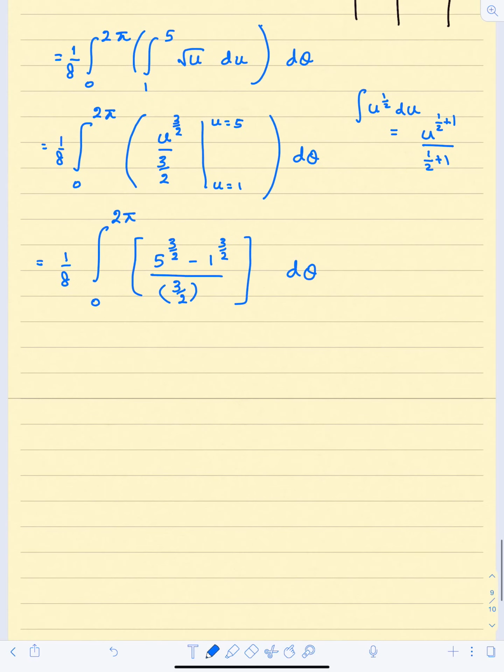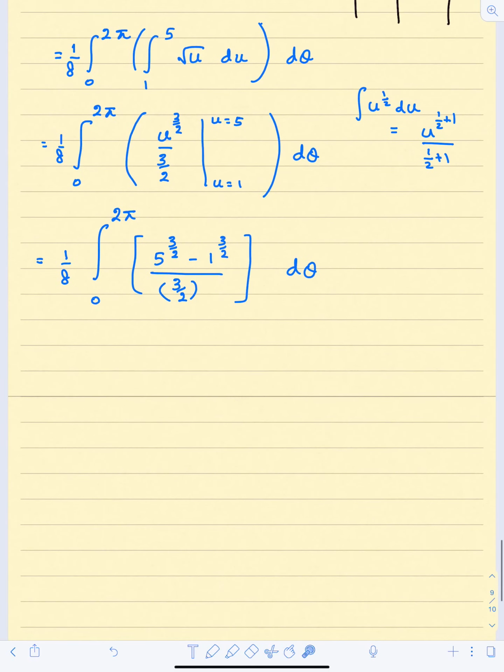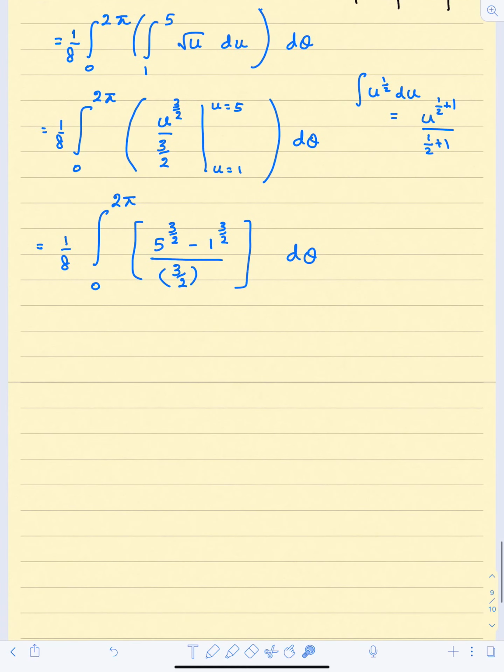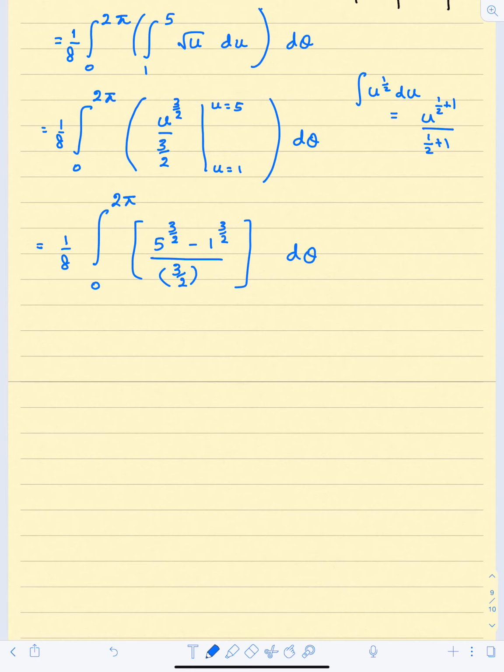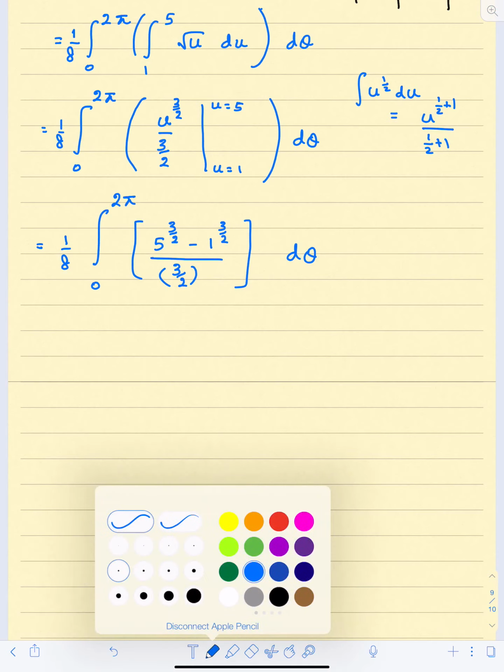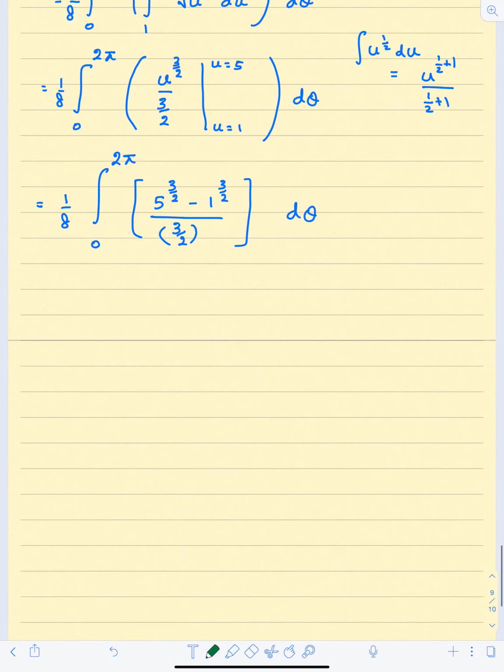Now this entire quantity is a constant, and we can pull it out of the integral sign. Then you will get 1 over 8 times 5 to the power 3/2 minus 1, over 3/2, times the integral from 0 to 2 pi of 1 d theta.